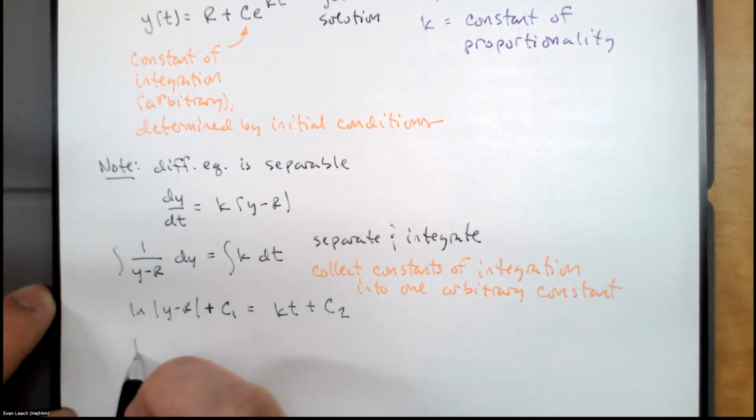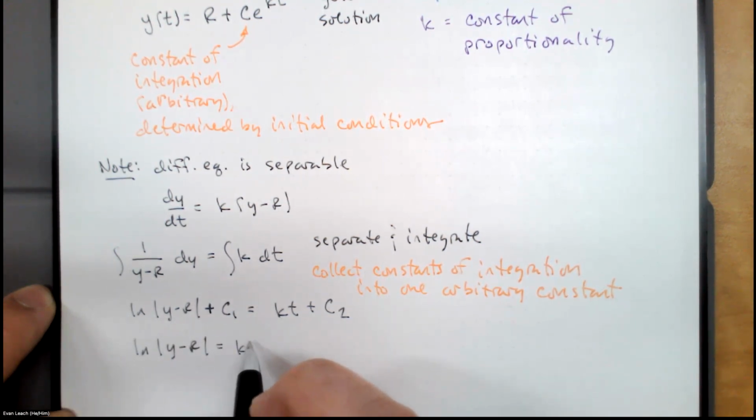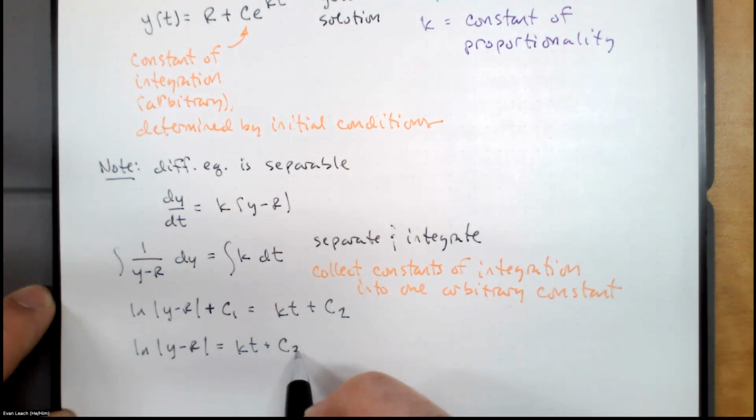So I'm going to have natural log absolute value of y minus R is kt plus some third constant.